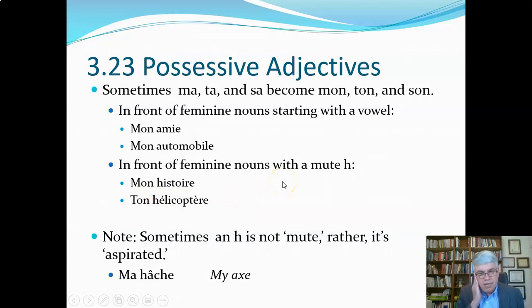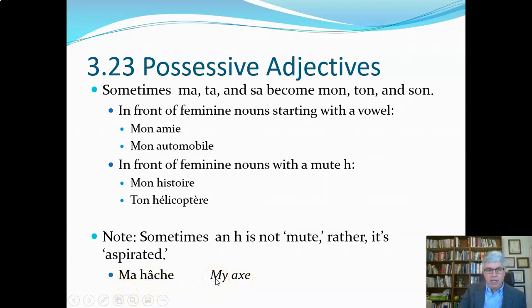Now, sometimes the H is not mute, and it's called aspirated, which doesn't have any effect on the translation, but you'll see things like ma hache. That's hache. We've got a word hatchet from that, but it means axe. The H is what's known as aspirated, but it's still silent. But it's not called a silent H. It's called an aspirated H. And there's a little pause, ma hache, a little glottal stop there.